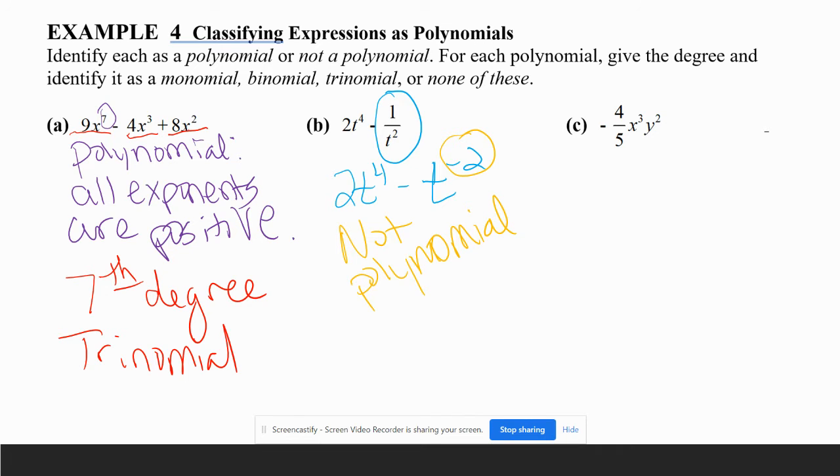If it's not a polynomial, we cannot give a degree, and we cannot classify it as monomial, binomial, trinomial, or none of those. If it were a polynomial, and this was a positive 2, then we would say, well, this is a 4th degree, and being that there are 2 terms, it's a binomial.